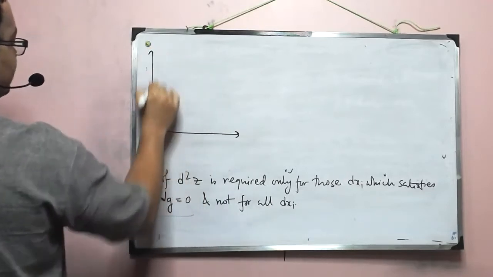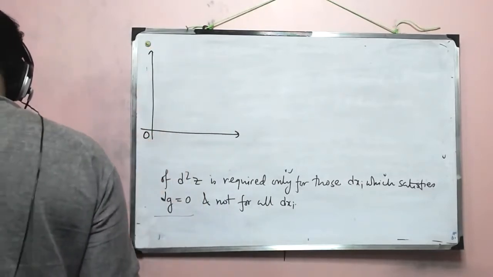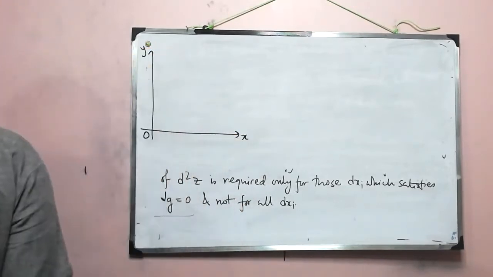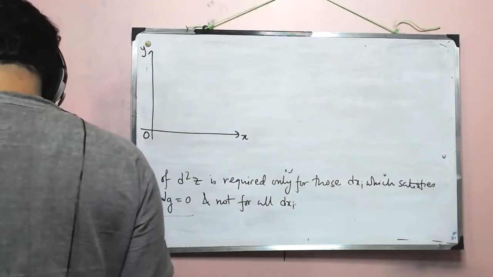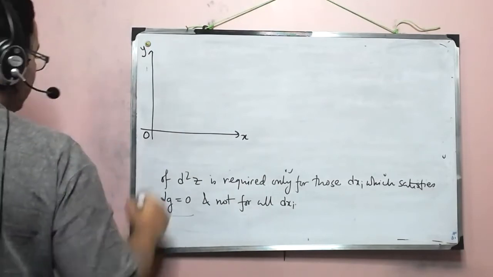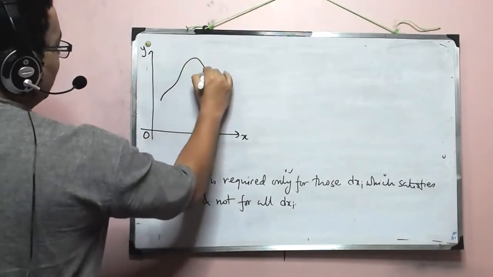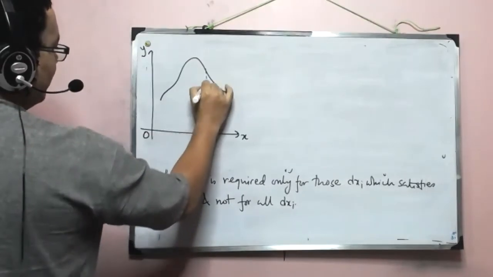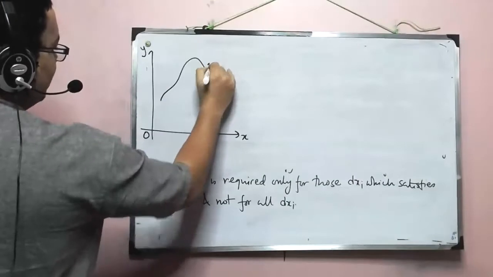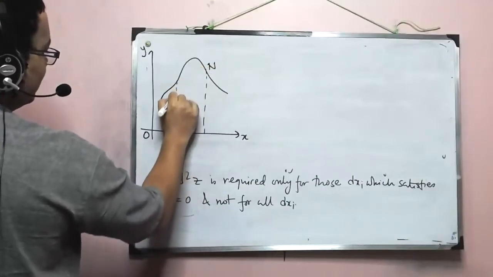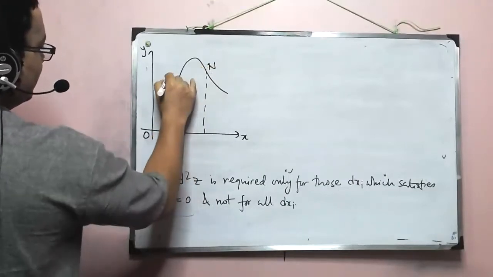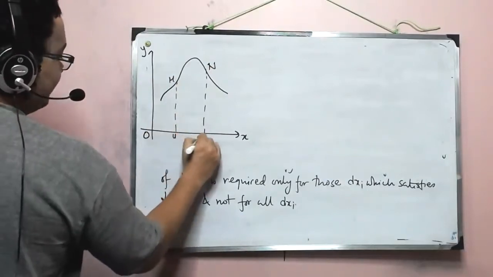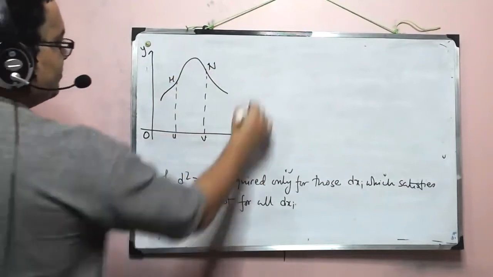Just to remember, much like we had strict convexity and strict concavity in unconstrained optimization, here also we will have strict quasi-concavity and strict quasi-convexity. Okay, so this is one diagram.